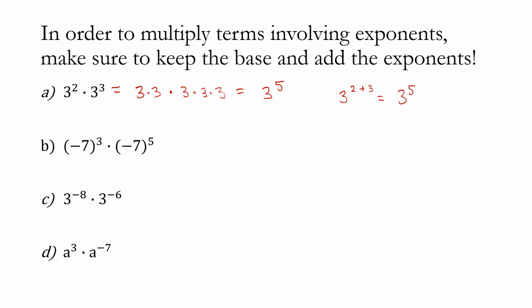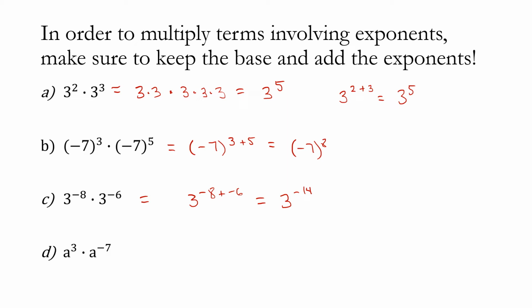Here, taking a look at this one, keeping the base of -7, adding the exponents, 3 plus 5, and you get 8, so that's -7 to the 8th. Looking at another, we have our base is 3, adding the exponents of -8 plus -6, and we get 3 to the -14th.